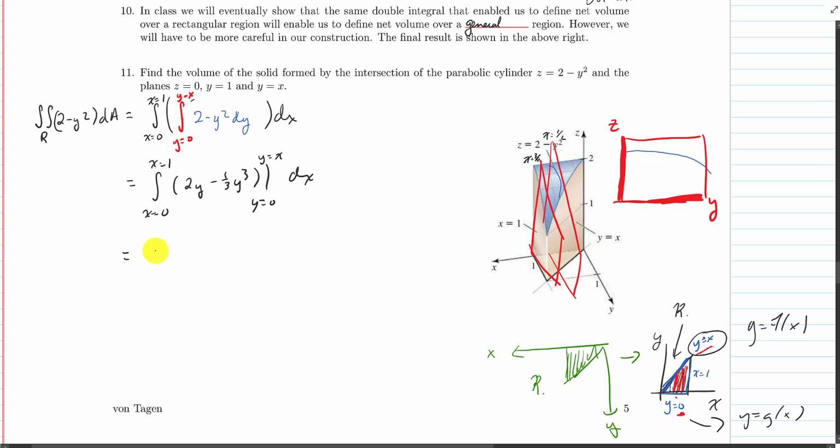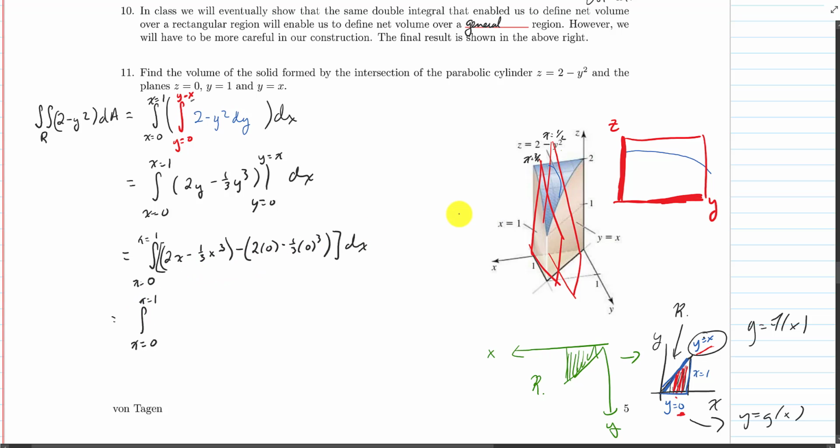If we replace all of our y's with the upper limit of integration, we have 2x minus 1/3 x cubed, and then, just to keep this general, I'll write minus 2 times 0 minus 1/3 times 0 cubed. All of this is being integrated with respect to x now, from x equals 0 to x equals 1.